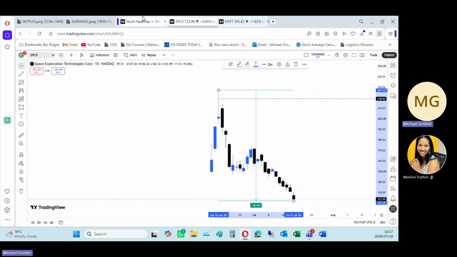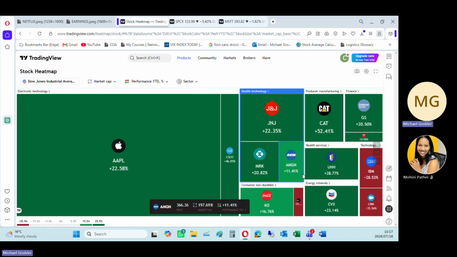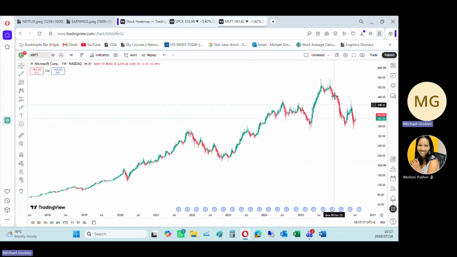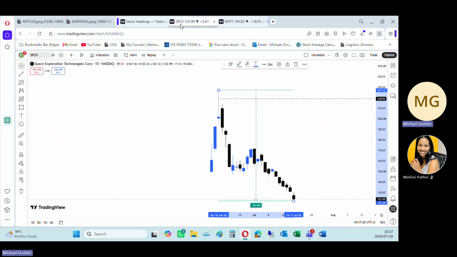So the market's not a playground in the sense that it is a game in a way, but never underestimate the extent of the moves. I bring it up in the case of Microsoft because it's within the competition term periods. I bring up SpaceX because it is a movement that could catastrophically affect your portfolio in a short period of time. And it is the kind of share that people would have high conviction in if they were the kind of person to buy it.